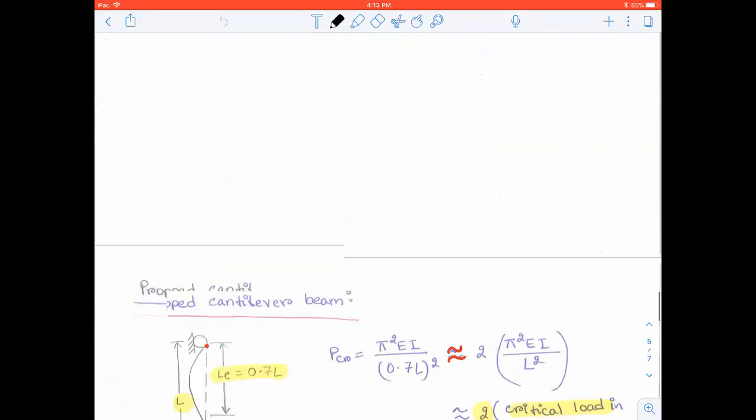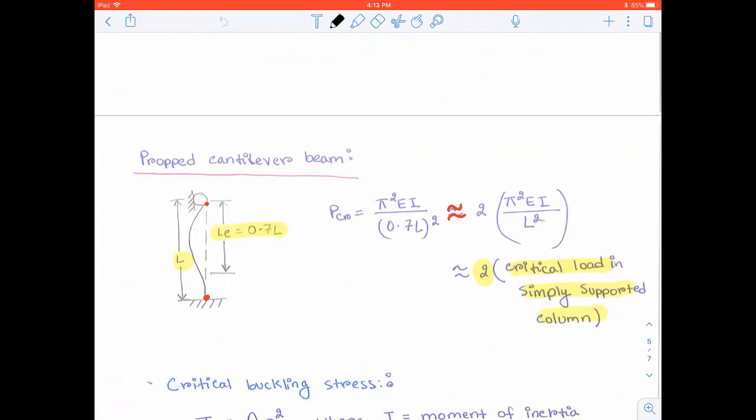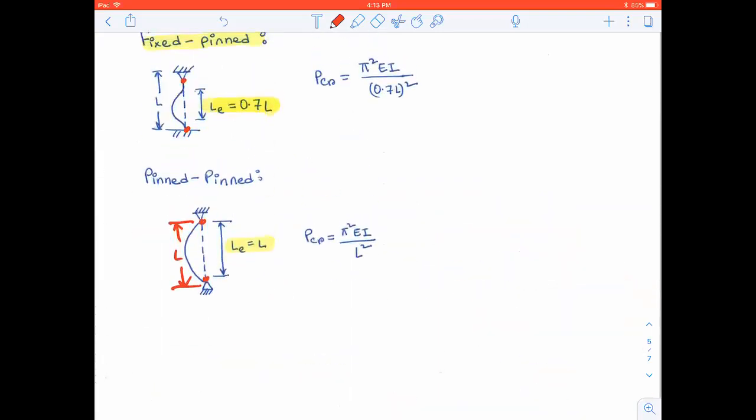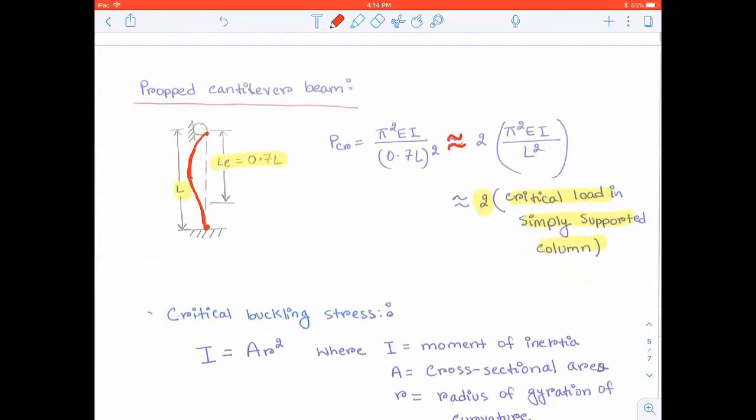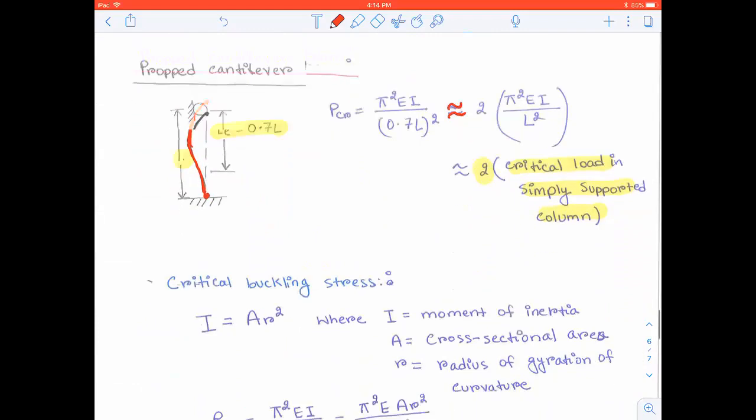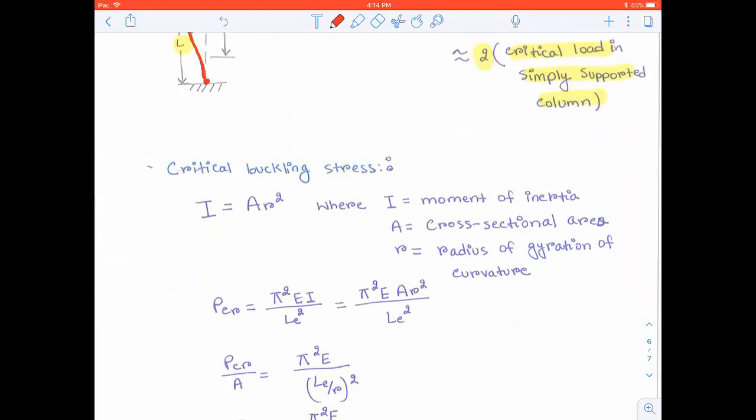Before we talk about slenderness, for any type of column, you can see that it actually bends. So there is always a curvature, and this curvature has some radius. We call this the radius of gyration, or you can say just radius of curvature.